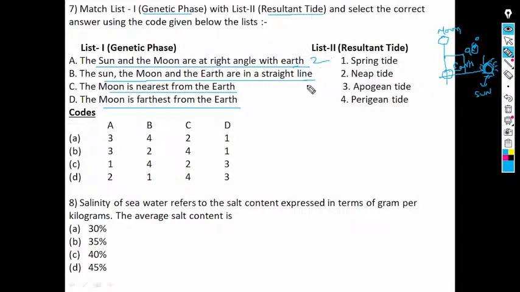Then sun, moon and earth in a straight line means spring tide, high, so here 2 1. Numerically these options are correct, and none of the others.